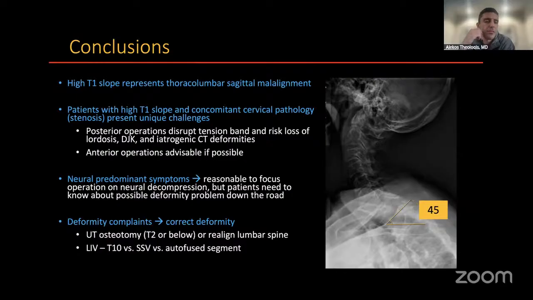Whereas if they come in with neurologic symptoms and a deformity, or if the primary complaint is deformity, then I think it's wise to address that deformity with the appropriate technique, upper thoracic osteotomy to T2 or below, or if it's primarily lumbar deformity, then correct the lumbar spine. And then the LIV, we talked about a couple of options.